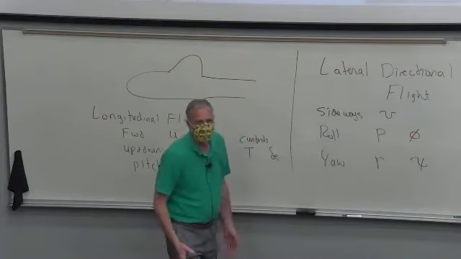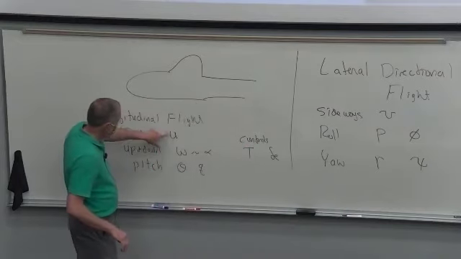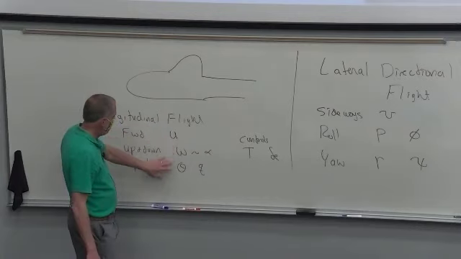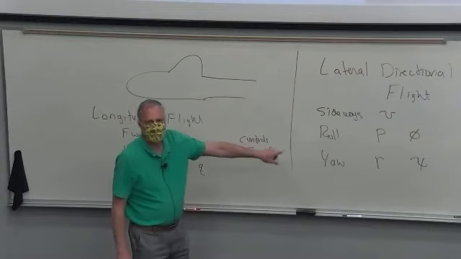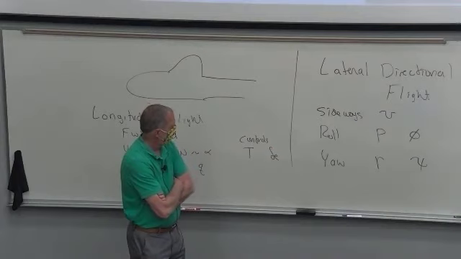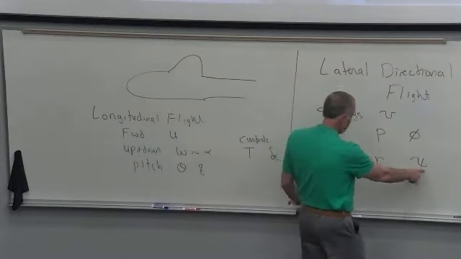So it's just the other three directions of motion. The other velocity, we have U and W, so the third velocity is V. And then as far as angles, we have pitch angle here, and over here we have the other two angles. Psi?